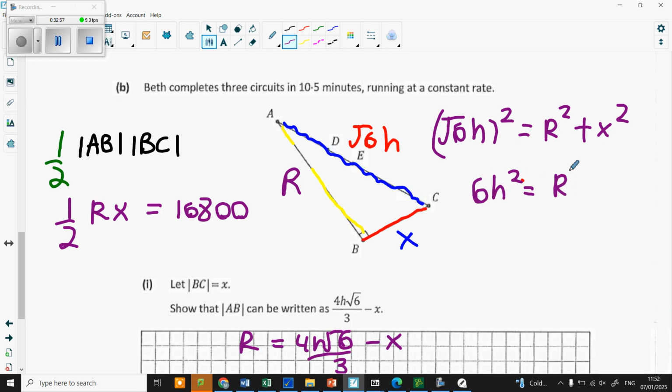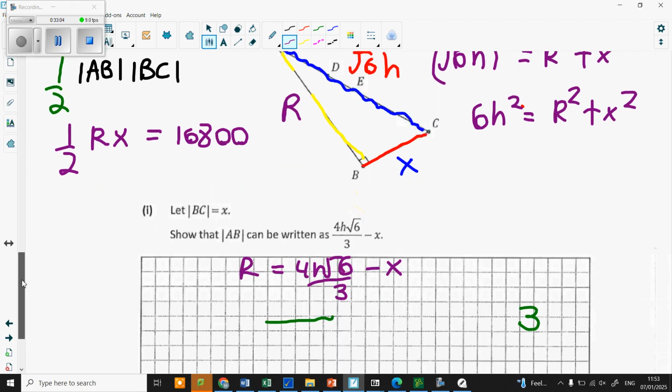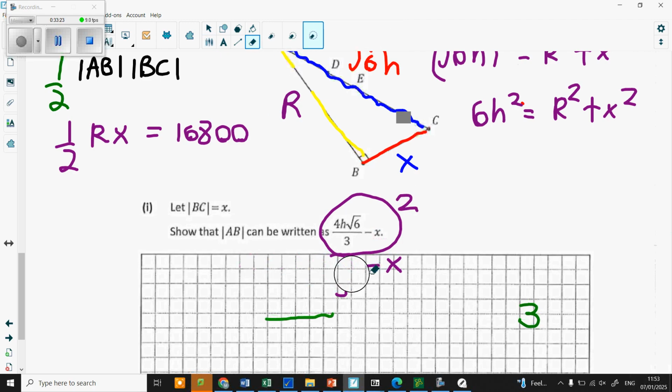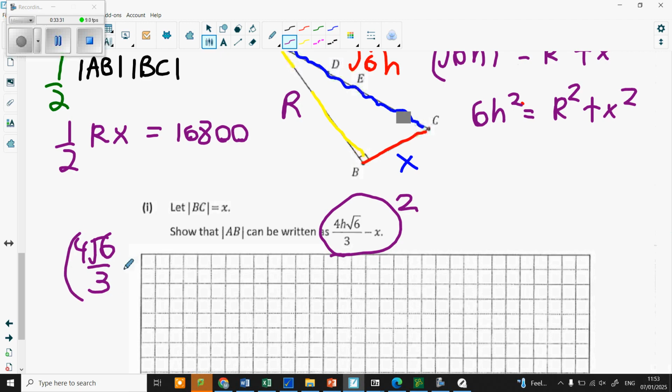All right. Will somebody square 4 root 6 over 3 for me? Square that out and tell me what you get. 32 over 3, is it? Yeah, when you square that out it's 32 over 3. There's an h in there somewhere, wasn't there? H squared. And then we have to double the middle and add the x, don't we?